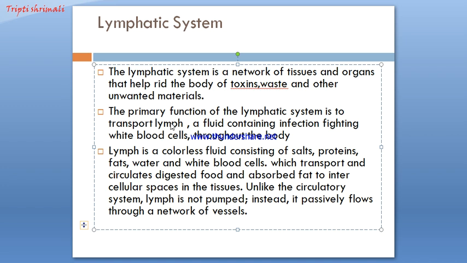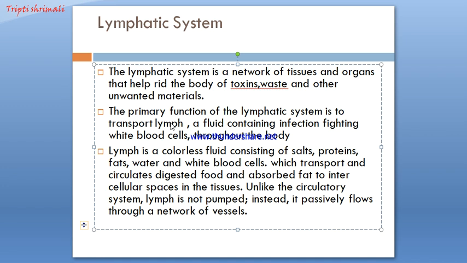So when the plasma oozes out from the blood vessels, it fills the interstitial space, right? So the lymph is also called interstitial fluid.